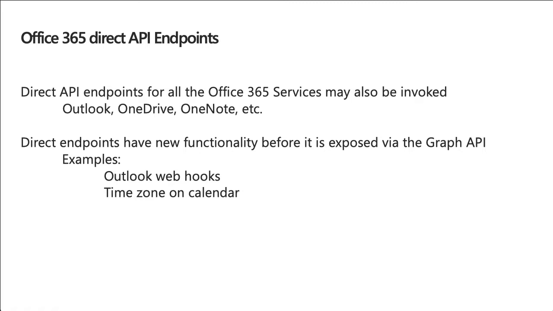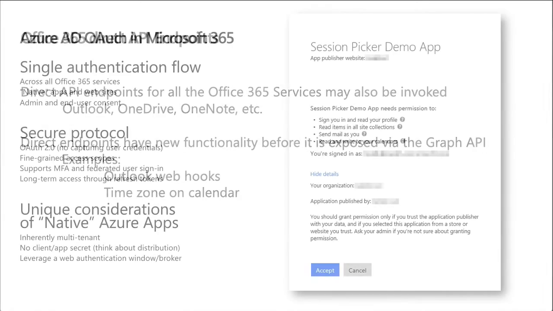So you may have to wait a little bit for it to show up either in the beta endpoint or in the V1 endpoint of the Microsoft Graph. Some examples of this are webhooks when they were introduced to Outlook, and also when time zone support was introduced for calendar items.